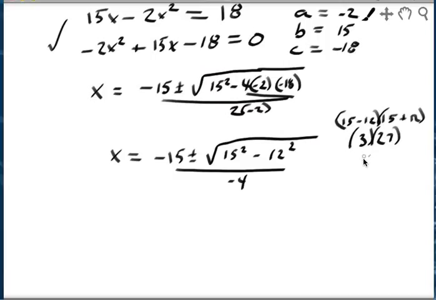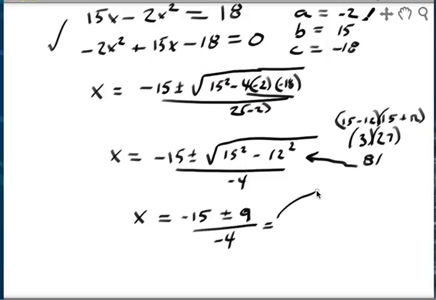And 3 times 27 is 81. So this whole thing here, underneath the radical, evaluates as 81, which is a perfect square, as you know, is 9. So let me just copy that in there. Negative 15 plus or minus 9 over negative 4. And so now all we have to do is consider the two cases.